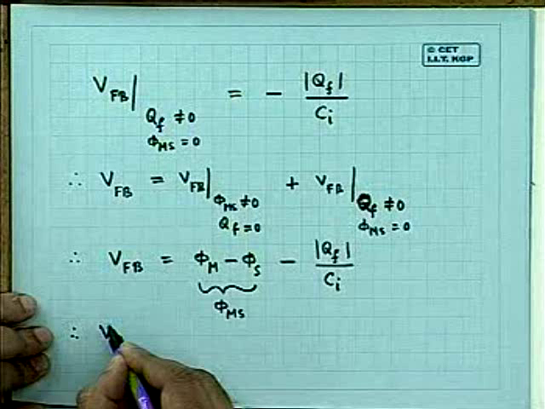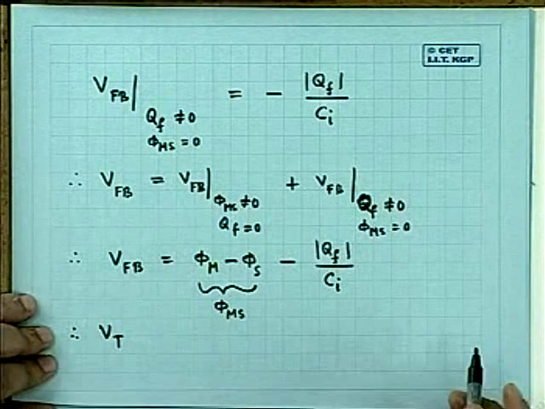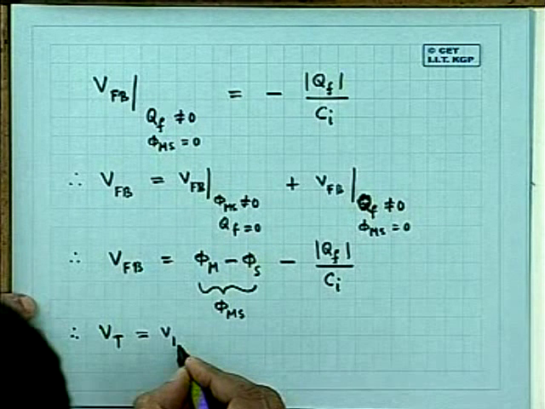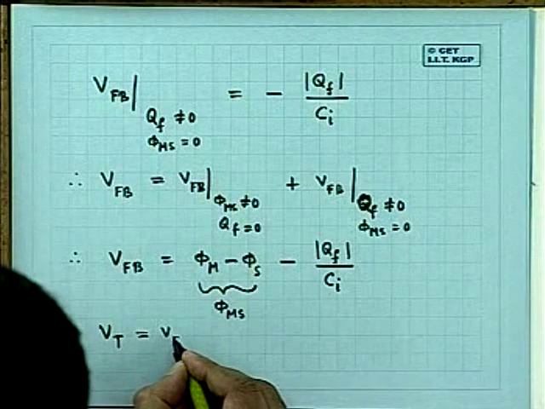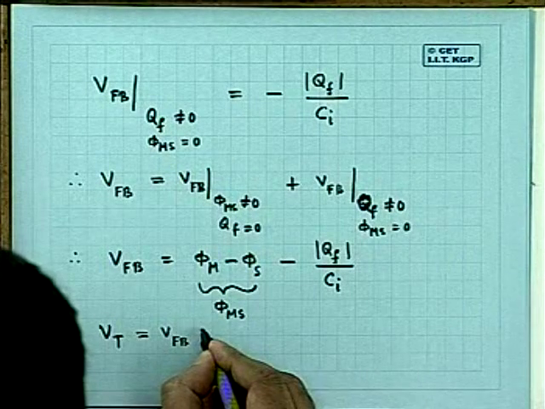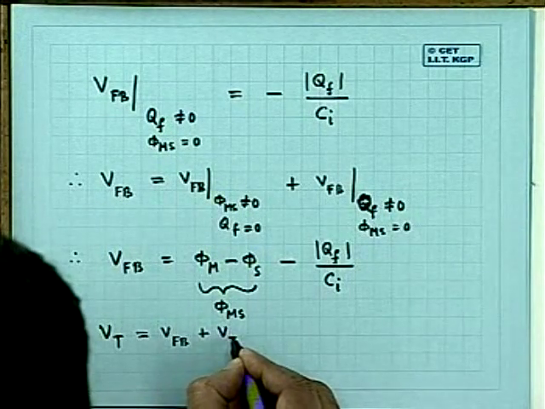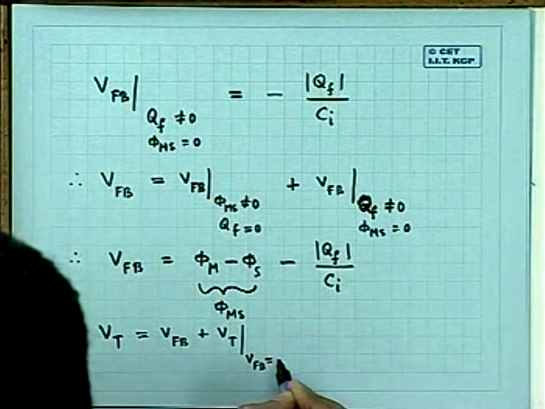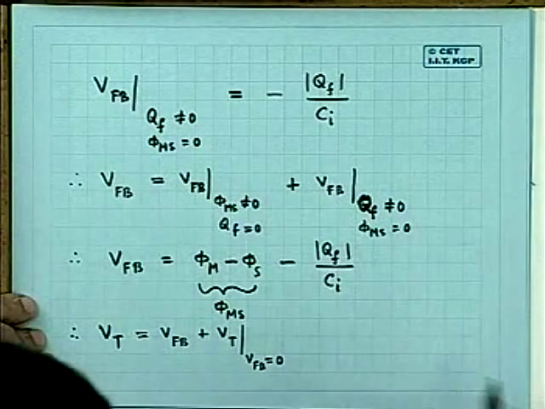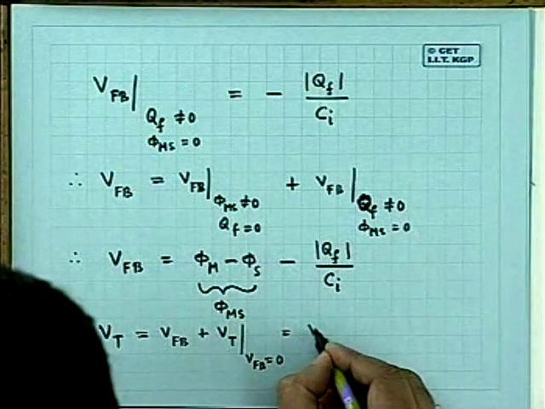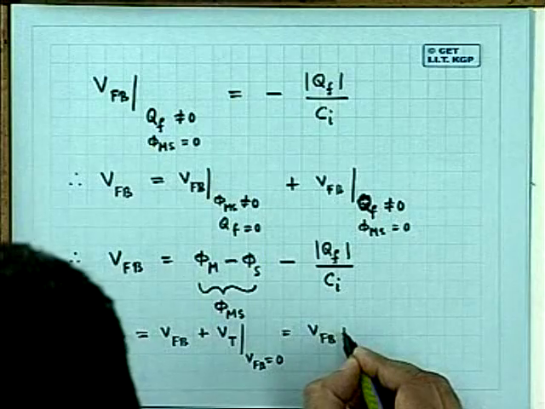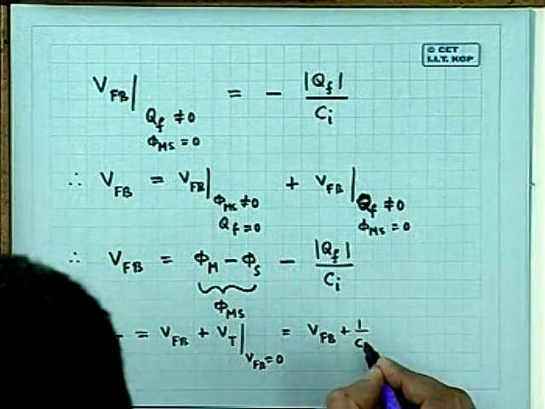Therefore, the actual threshold voltage is the sum of the flat band voltage and Vt, where Vt is the value under the assumption that the flat band voltage is 0. So it is VFB plus 1 by Ci, and so on.